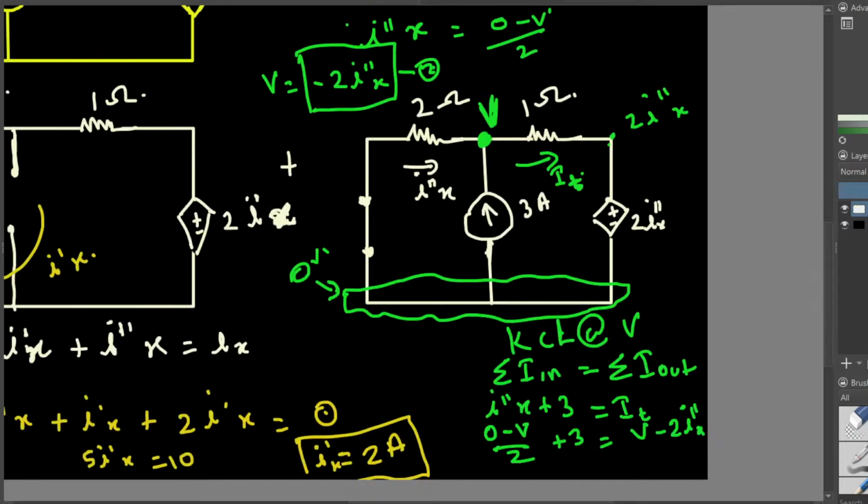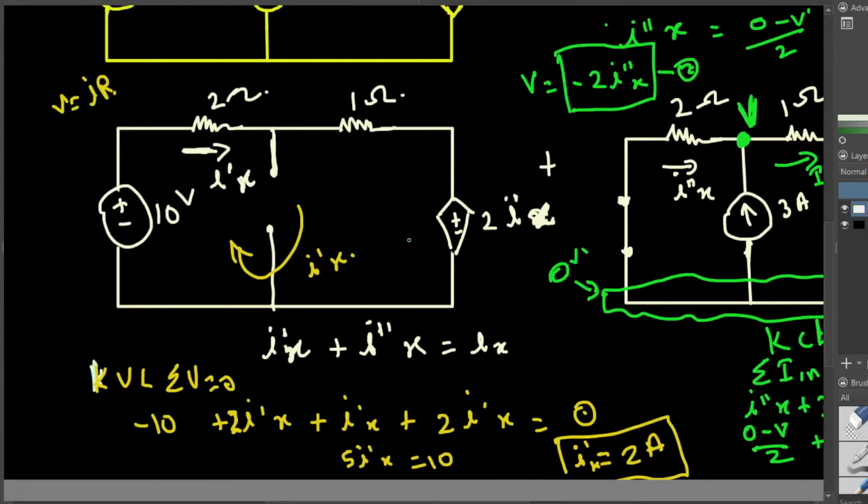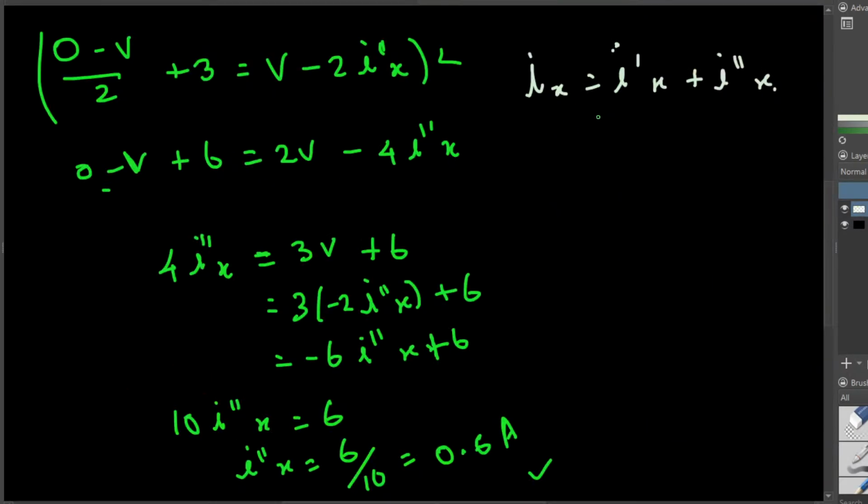That's what we put right here, because in the superposition theorem, if you want to find a current, you have to find them both and add them together. So here we found both of them. We found one of them to be 2 ampere and the other one to be 0.6 ampere, and that adds up to 2.6 ampere. And that's our final answer.